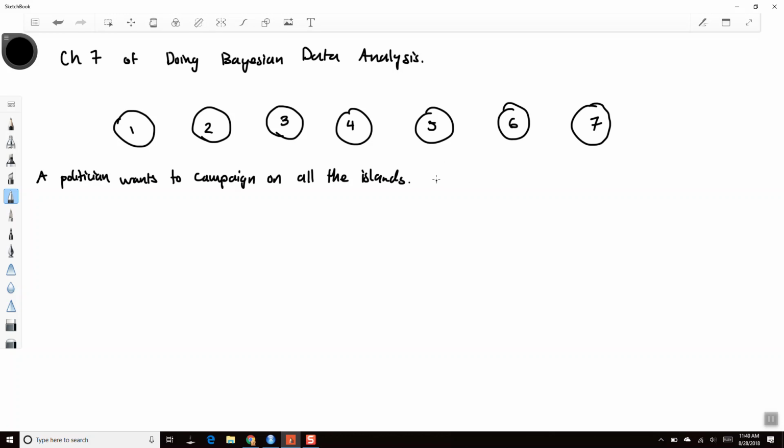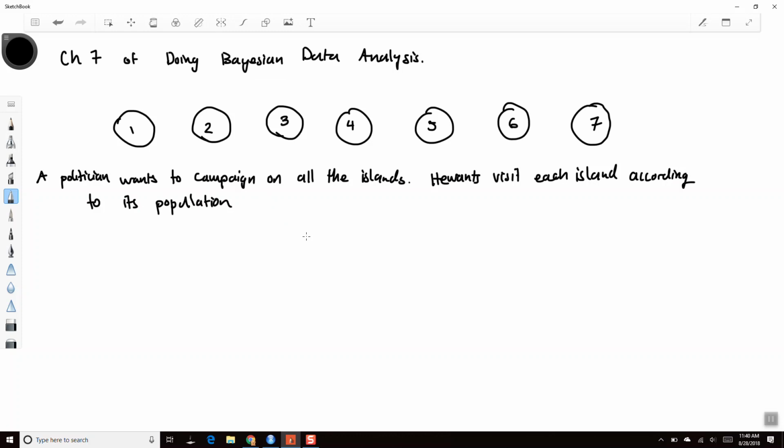And he wants to visit each island according to its population. Or in our case, the population is kind of a proxy for probability, right?